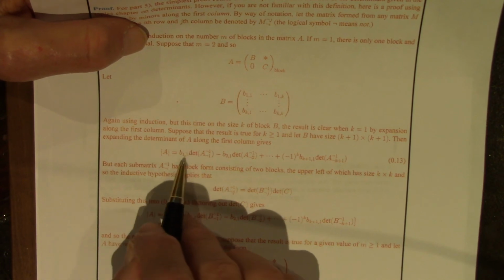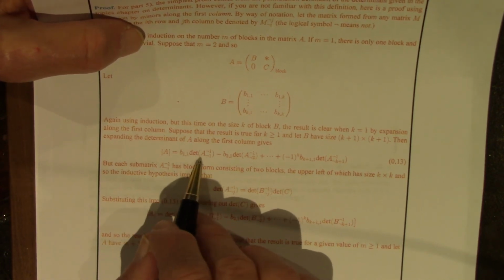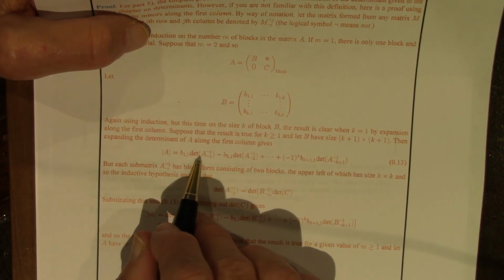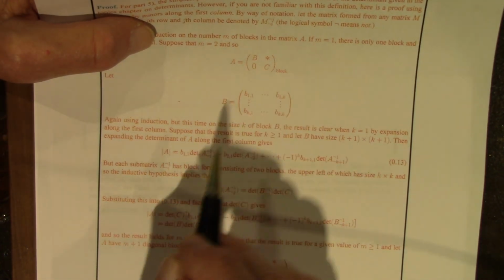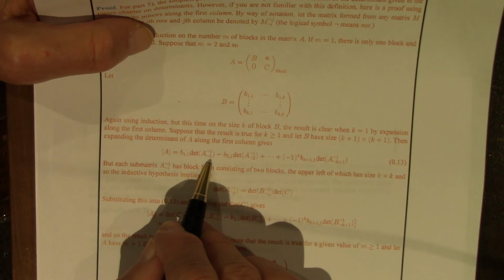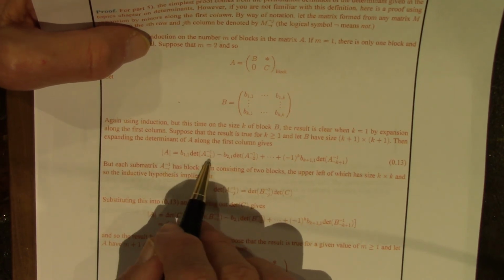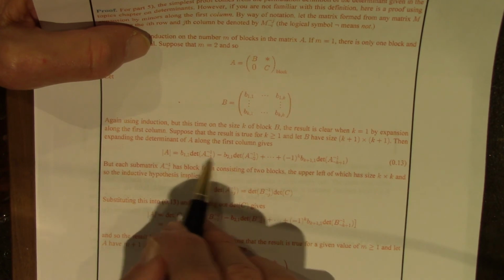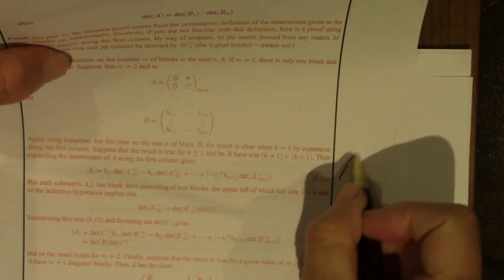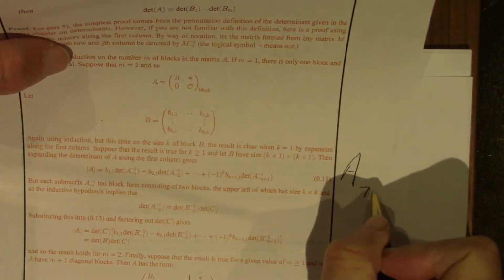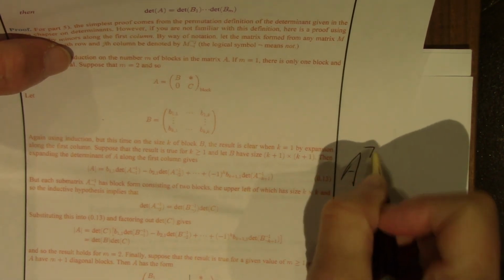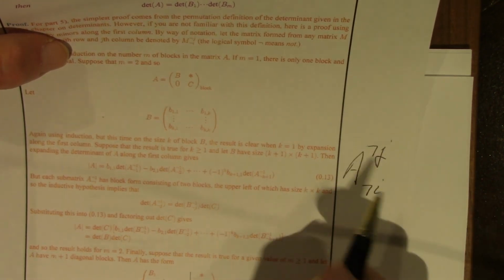Determinant of A is B11 times the determinant of the matrix we get by crossing out the first row and the first column. So I wrote it this way. I like this notation. I've never seen it anywhere else. And I'll write it more generally like this.